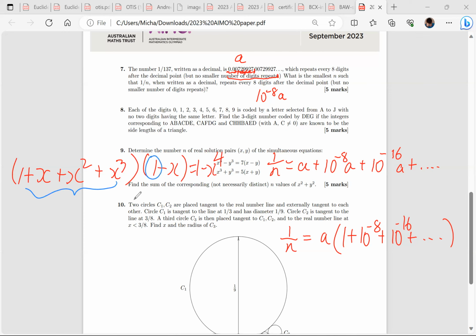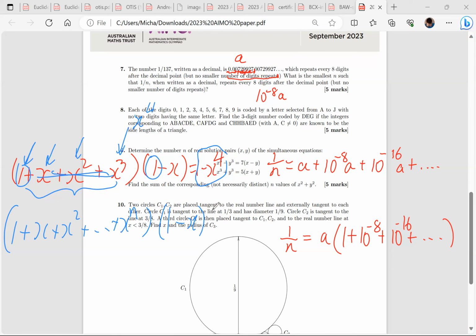So you start off with this, that comes with a 1. Then when you minus x, this gives you an x, this gives you an x squared, this gives you an x cubed. So all these cancel, and this gives you an x to the 4, which doesn't cancel, and the 1 doesn't cancel. So that's why it's 1 minus x to the 4. You can do this for as high a power as you want, up to x to the n, and you go 1 minus x, then it's equal to 1 minus x to the n plus 1.